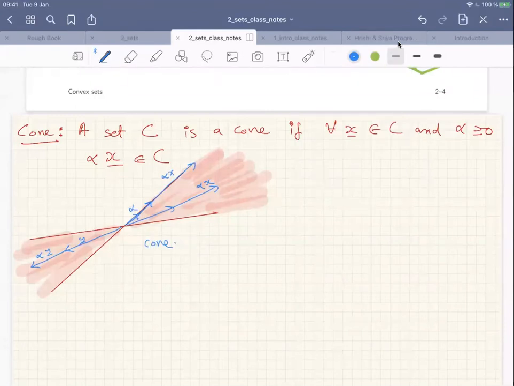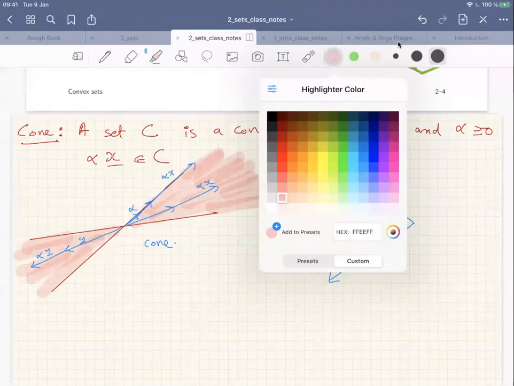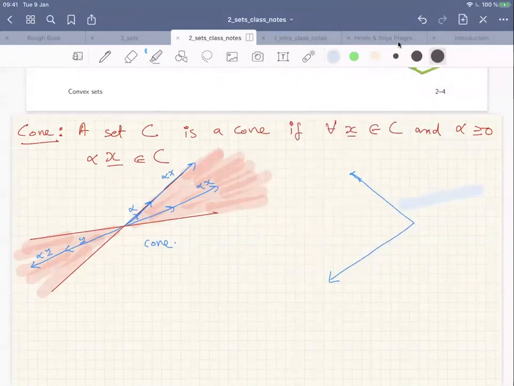Another example, let's consider this cone. As of now, let's take this shaded region as a cone.